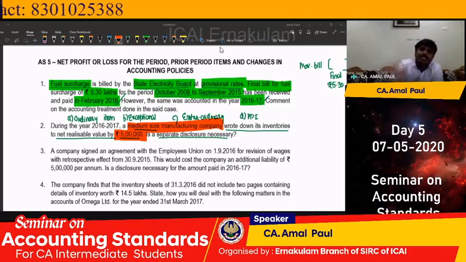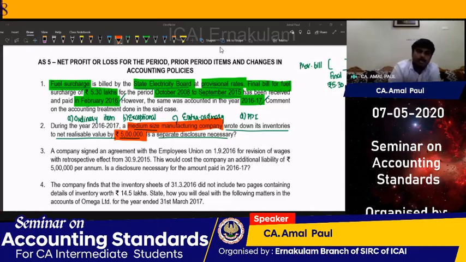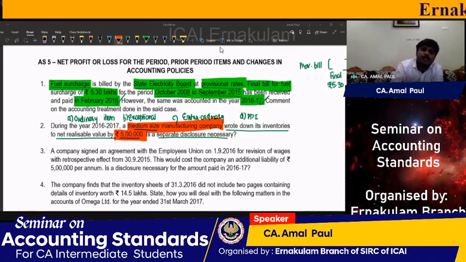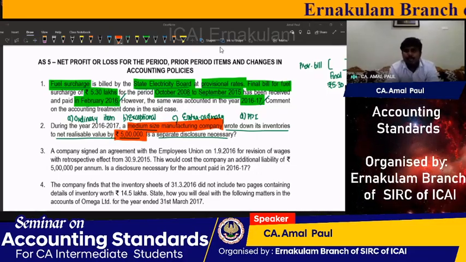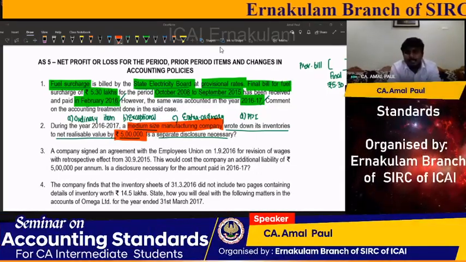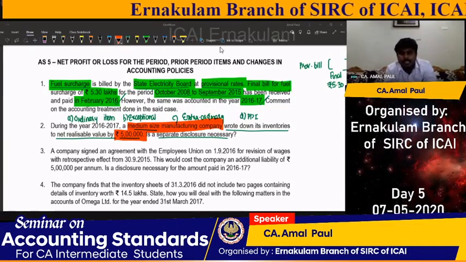Therefore, it needs to be separately disclosed. These types of items are disclosed as exceptional items. Are you clear with this?